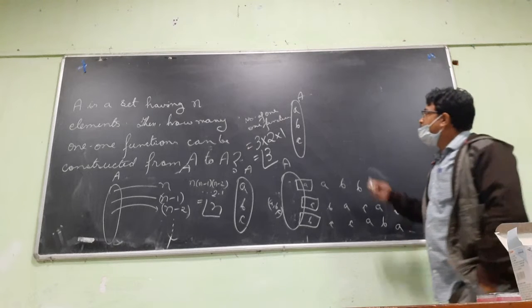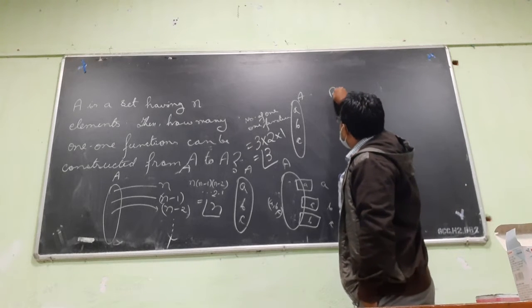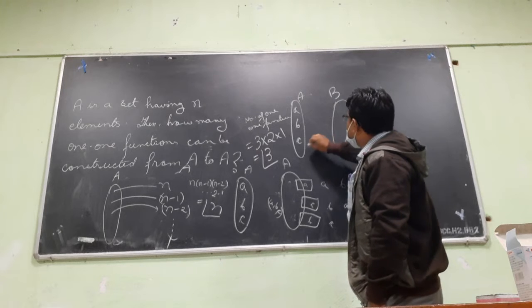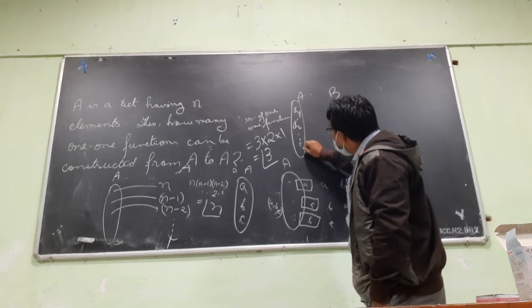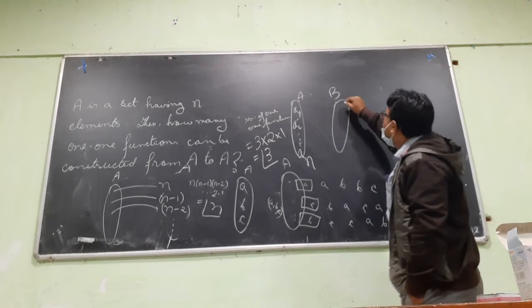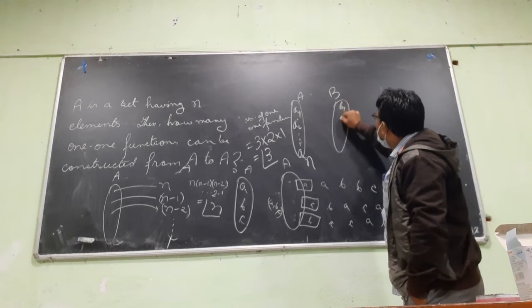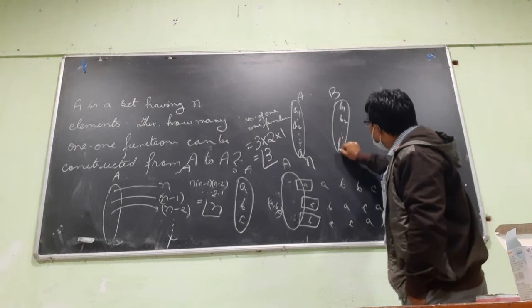Now if the sets have different numbers of elements, what happens? Suppose this is the set A, which has elements A1, A2 up to An, and here there are B1, B2 up to Bm.